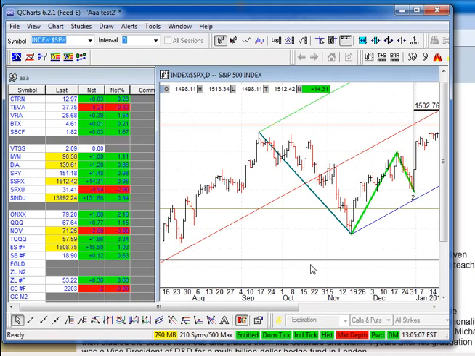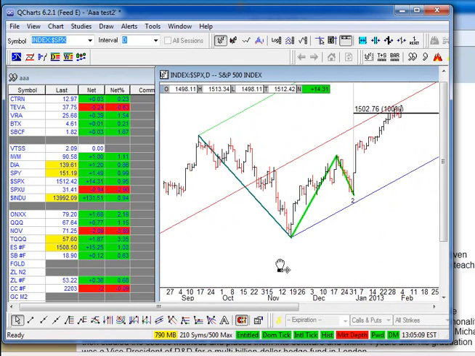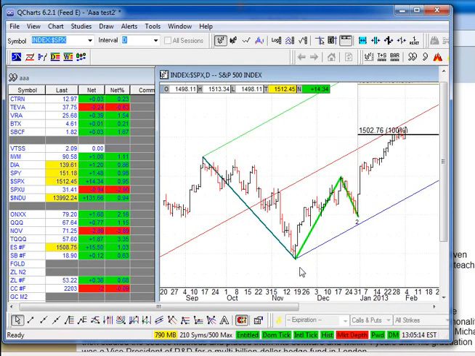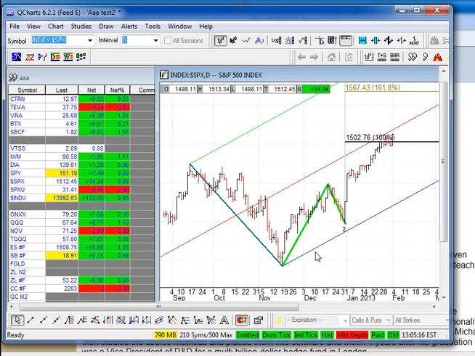When doing the power trend technique, which is one of the many features in the new software, the power trend technique looks for the two.